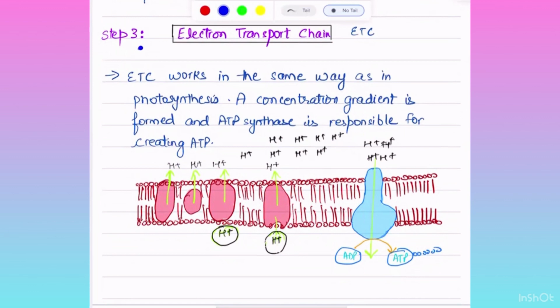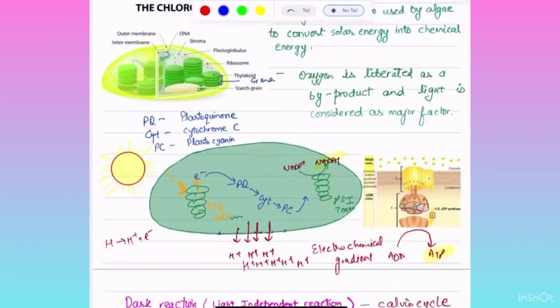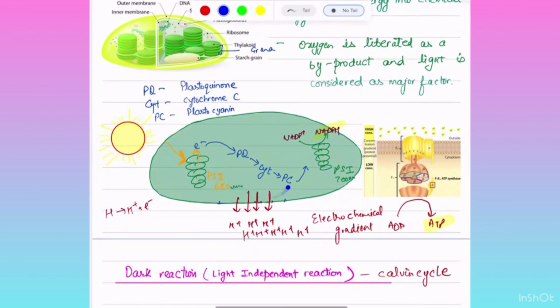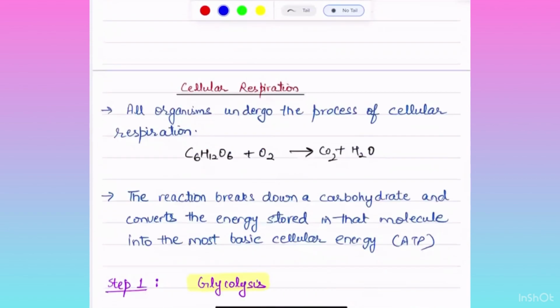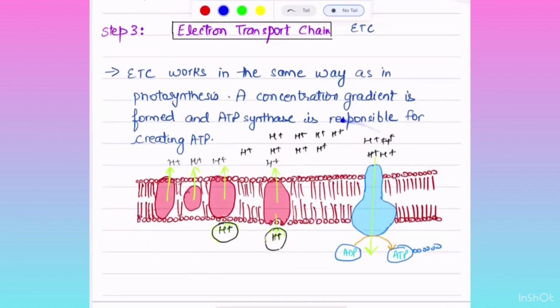Step 3 is the electron transport chain. The electron transport chain works in the same way as we have learned in the photosynthesis process, where the protons were produced, these protons were used up by the ATP synthase, and then the ATP synthase takes the proton motive force and converts ADP to ATP. But the only difference is the electron carrier molecules and the complexes inside. This is happening inside the mitochondria.